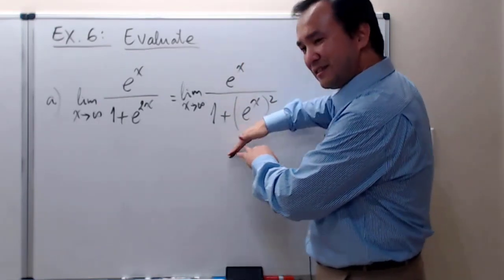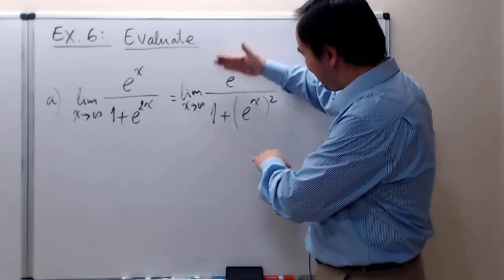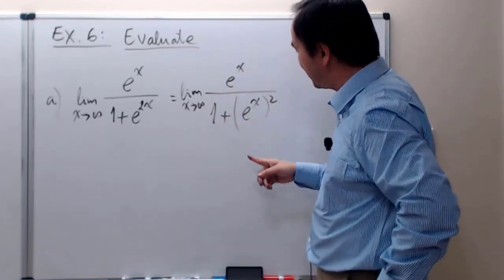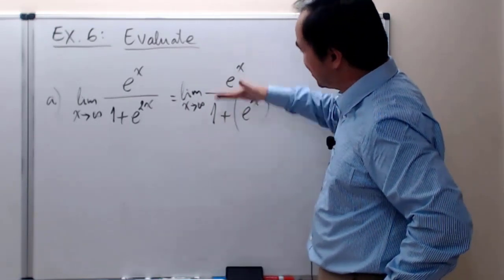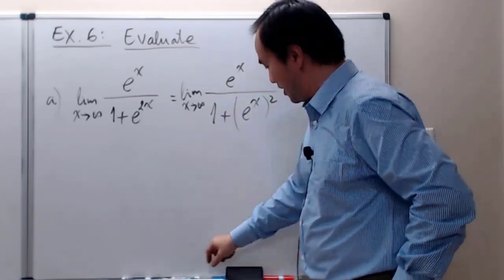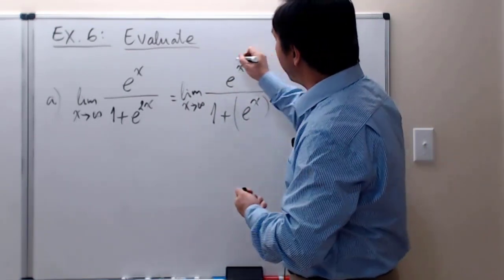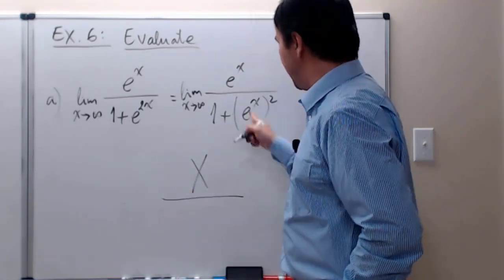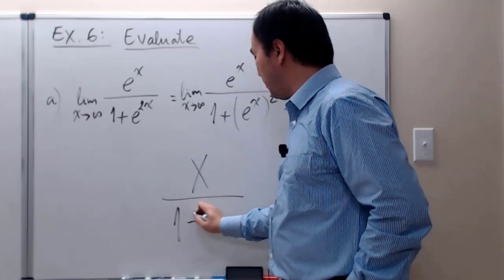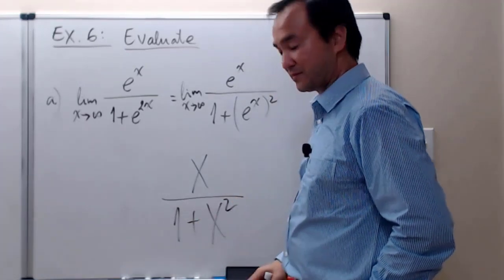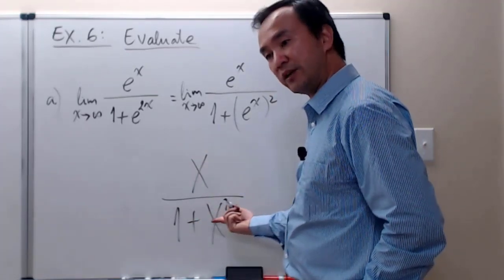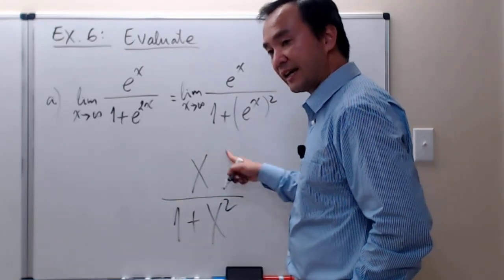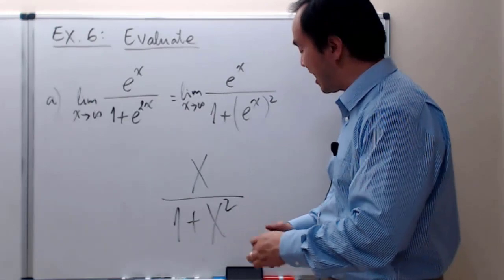Even though we have e to the x all over, this function behaves like a rational function, because if we treat the e to the x in the numerator as one huge variable, and in the denominator we have 1 plus that variable squared, where the big X is e to the x, then it is just like a rational function.